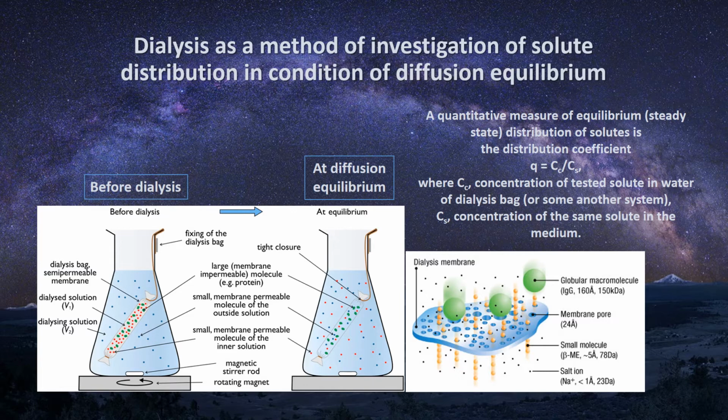In other words, does water have different solving ability depending on its location in the bag and in the basin solution? If the coefficient is equal to 1, there is no difference in the solving power of the two water fractions. If the coefficient is less than 1, then we are dealing with a two-phase system. It means that the dialysis bag contains water with reduced solvency.